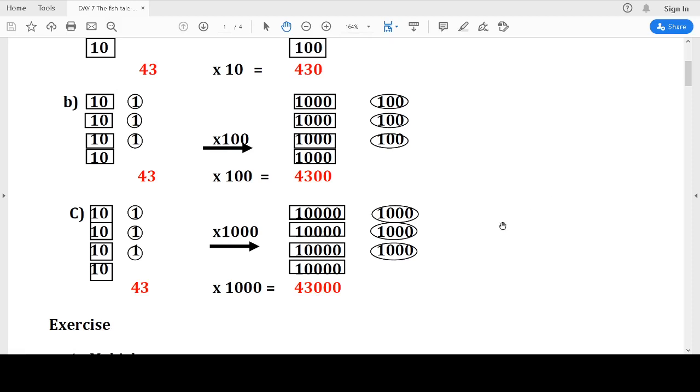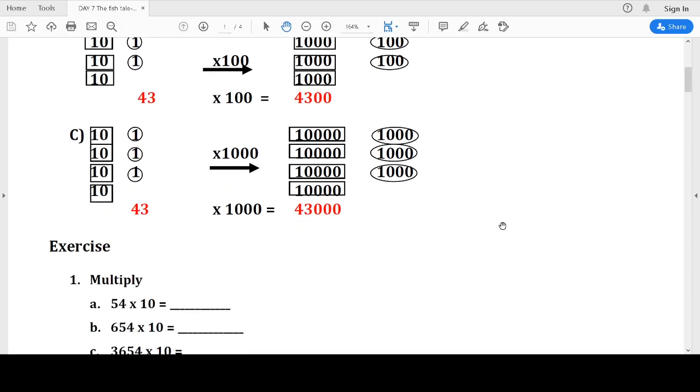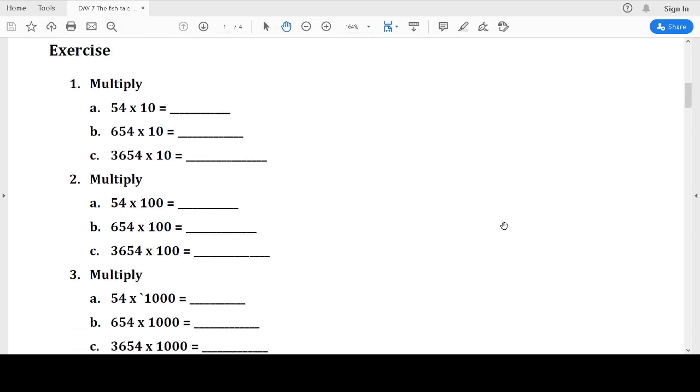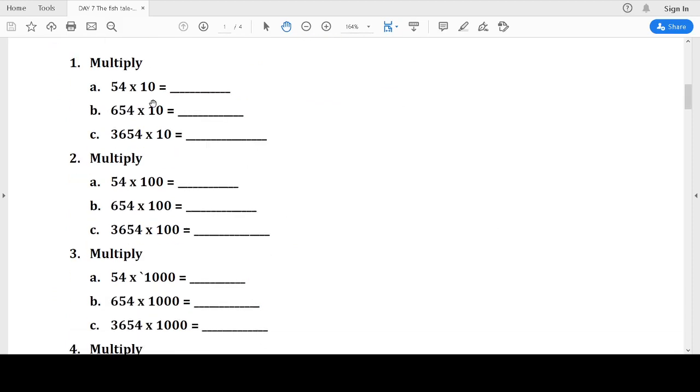So let us now multiply some examples. Some examples are given. Let us now multiply and find out the answers. 54 into 10. So we will write 5, 4, and we will put 1 zero.